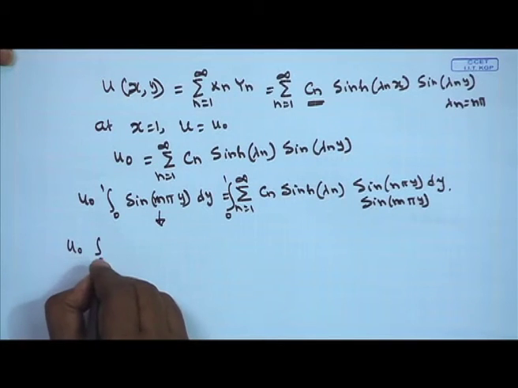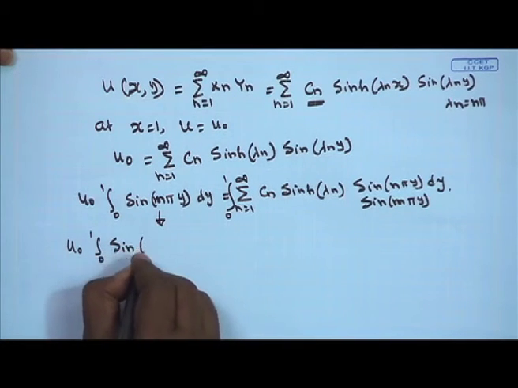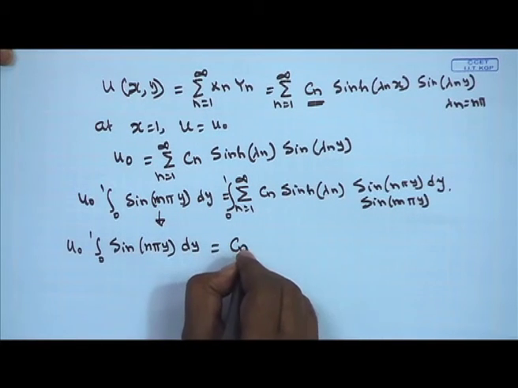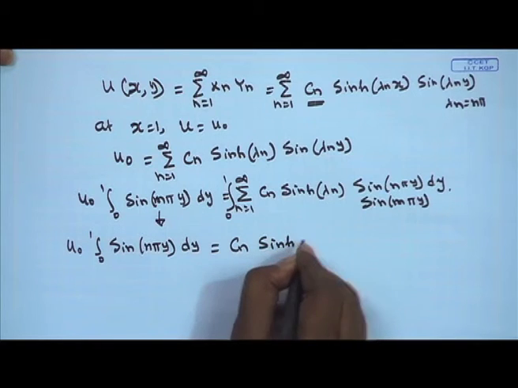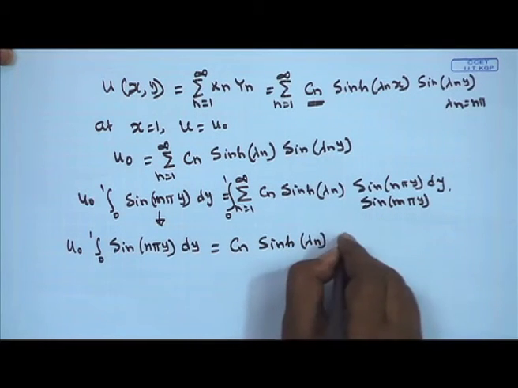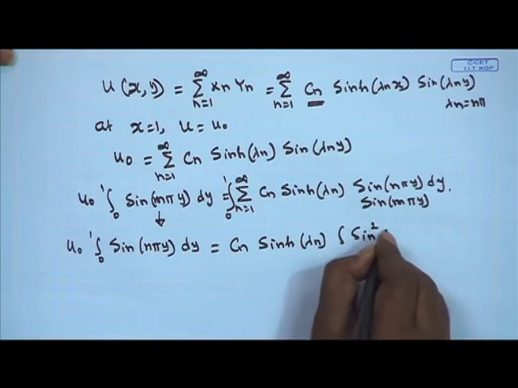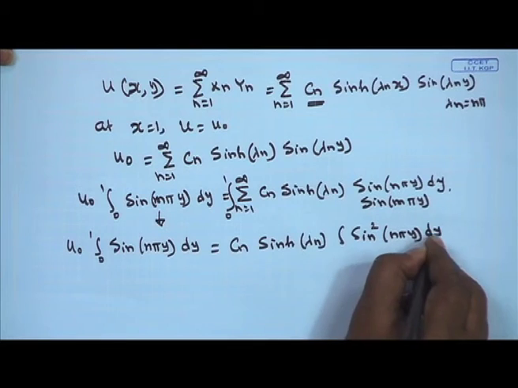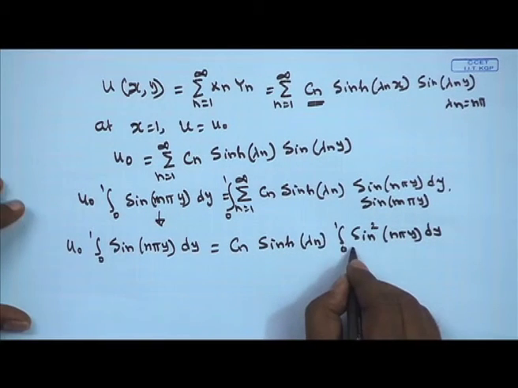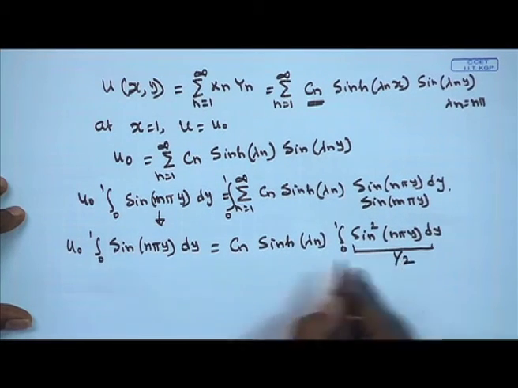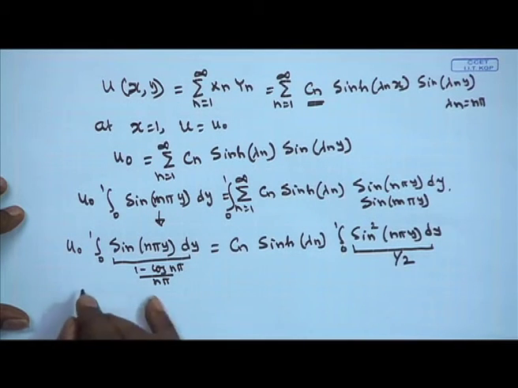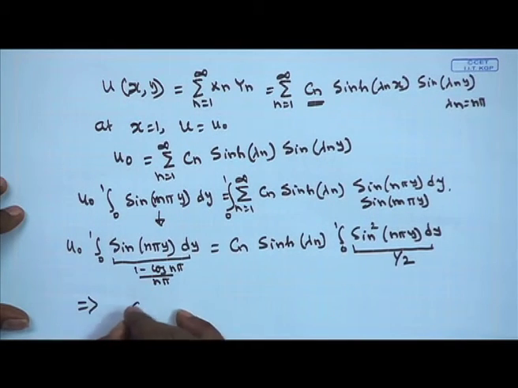So, we will get the integral from 0 to 1 of sin n pi y dy equal to Cn sinh lambda n times the integral of sine square n pi y dy from 0 to 1, and we know this will be nothing but half. And this will be 1 minus cosine n pi over n pi. So, I will be in a position to evaluate Cn now.